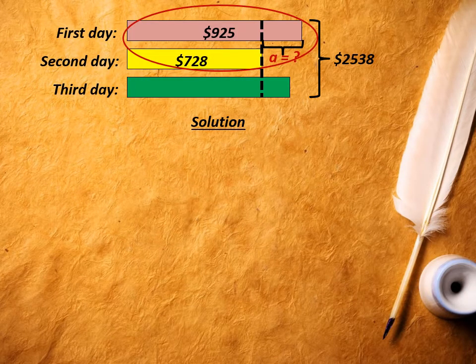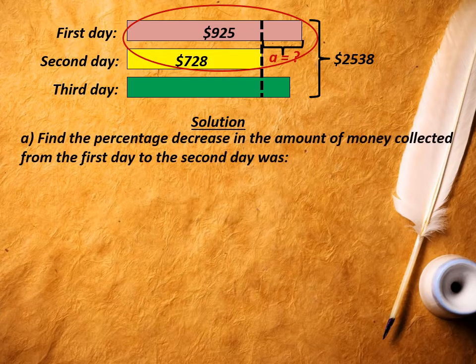Okay, as you already see in the model, the first day $925, the second day $728. The question asks the percentage decrease from the first day to the second day. A. Find the percentage decrease in the amount of money collected from the first day to the second day.